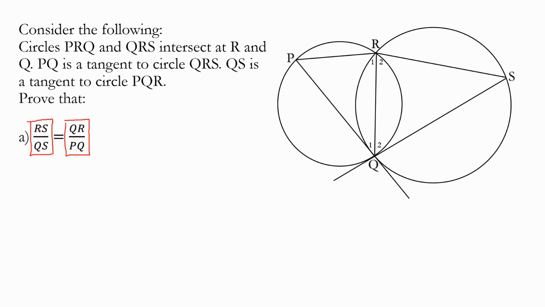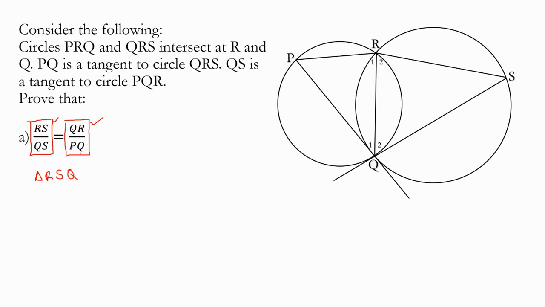S appears twice, so we just take it once. Do we have triangle RSQ? Yes, there is triangle RSQ. So we're using these letters in this box, top to bottom, and now we go to the next one.